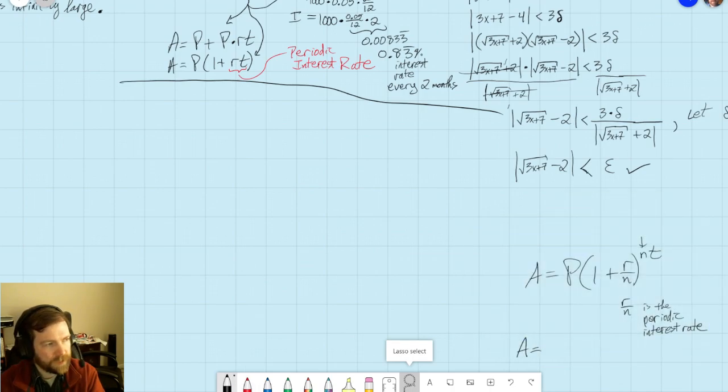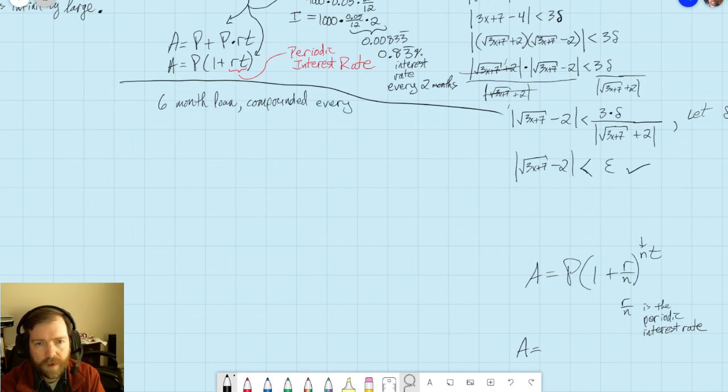So we're going to do a 6-month loan, compounded every 2 months. And the annual interest rate is going to be the same as above, 5%. So it's still a 5% annual rate, but it's going to be compounded every 2 months. And we're going to take out that loan for 6 months.